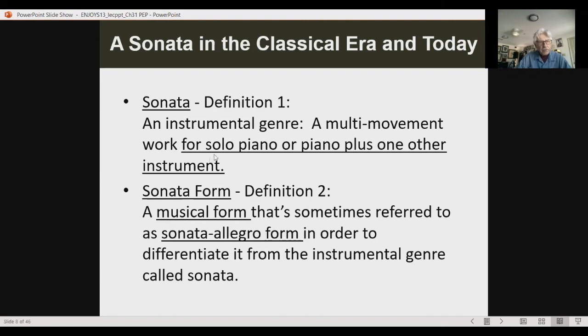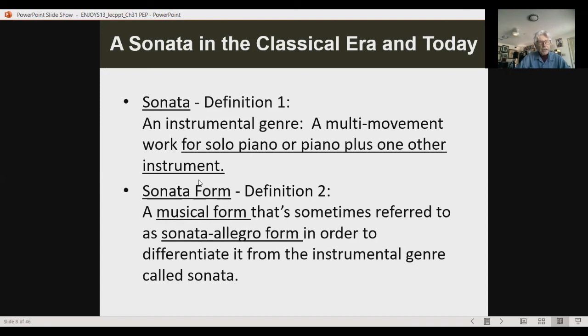And then the sonata form, which is really the focus of this chapter, is a musical form that is sometimes referred to as sonata allegro form, in order to differentiate it from the instrumental genre called sonata.